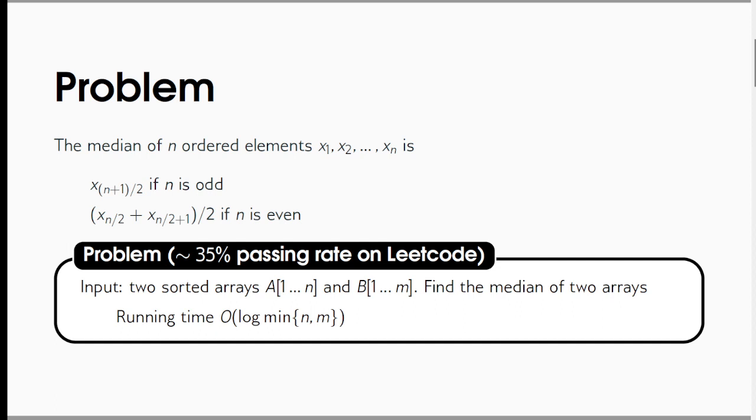And the problem asks that we find the median of the elements of these two arrays in log of minimum of n and m time. Okay, this is rather tricky. So how do we go about this?